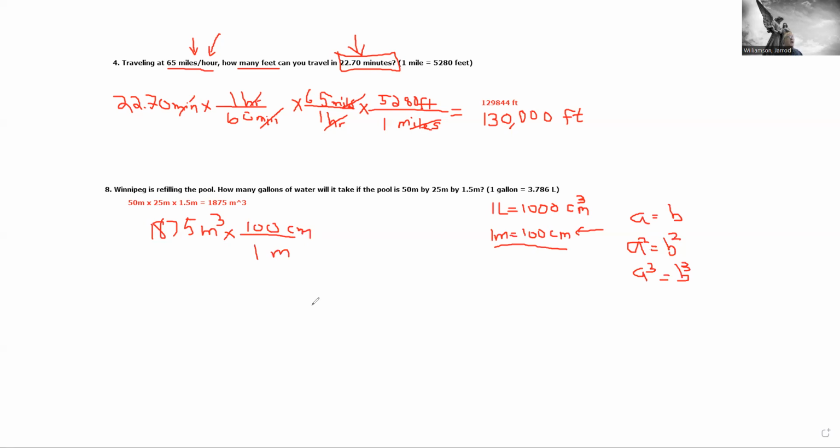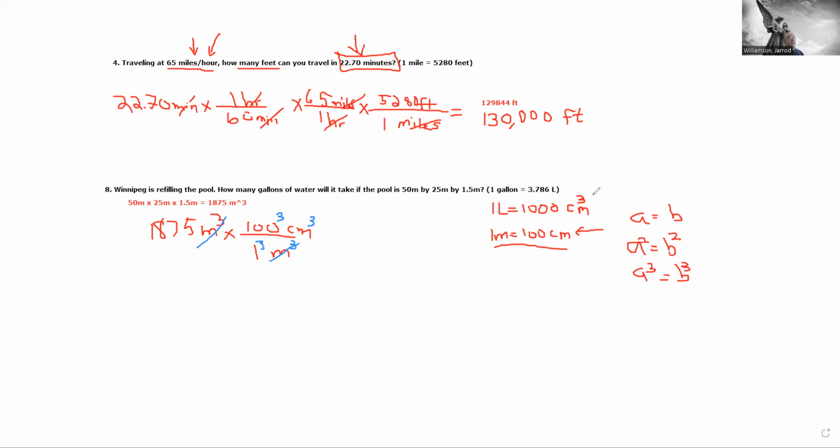I can't use it in that form, but I can cube the top and bottom. I'll put it in a different color so it's maybe a little more clear. If I cube the top and the bottom, 100 cubed centimeters cubed is 1 cubed meters cubed. That'll let me cancel out cubic meters, and I'll be left with cubic centimeters.